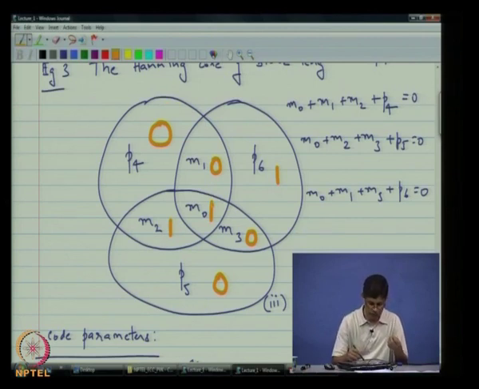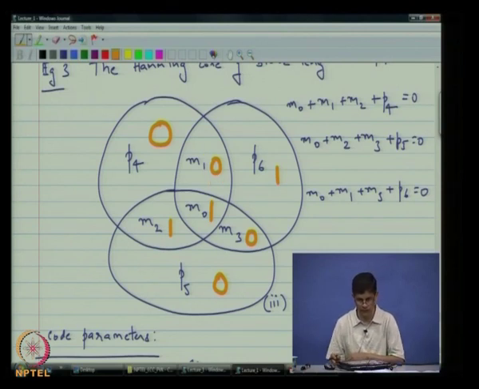So, if I change this to a 0, then I might try to balance out the parity in both of these by changing this to a 1. But then I still have to do something about this circle, and since I do not want to interfere with what is happening here, I am forced to flip this. Okay. So, you saw that in this particular instance you had to flip at least 3 symbols before you went from one code word to another.